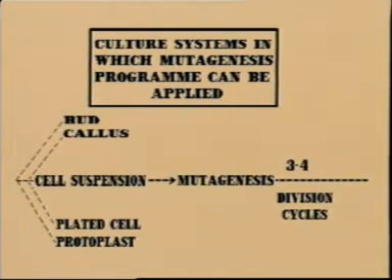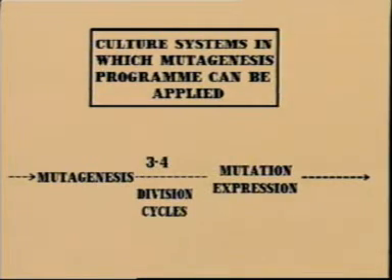These tissues are then subjected to mutagenesis either by chemical mutagens or physical mutagens. They are then allowed to go for 3 to 4 division cycles, and a mutational expression then shows in the cultures.